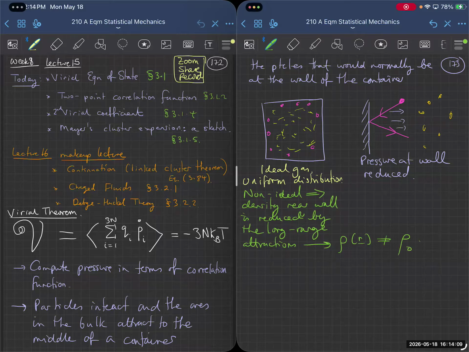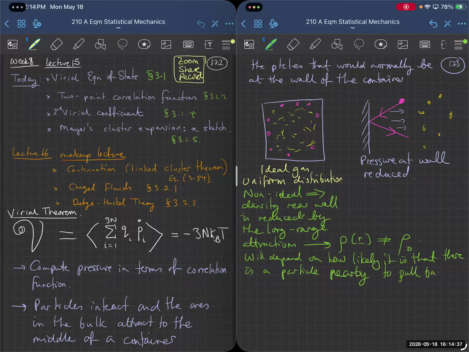It will depend on how likely it is that there is a particle pulling nearby to pull back the particles near the wall.